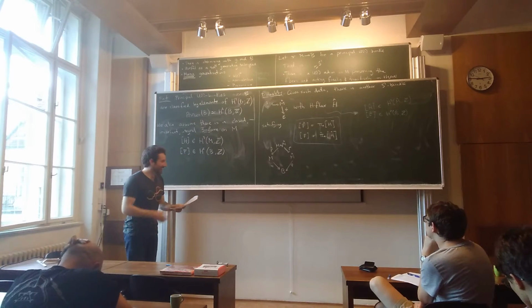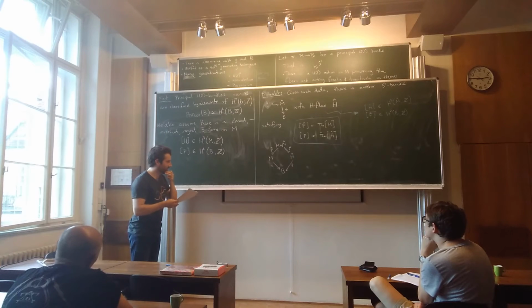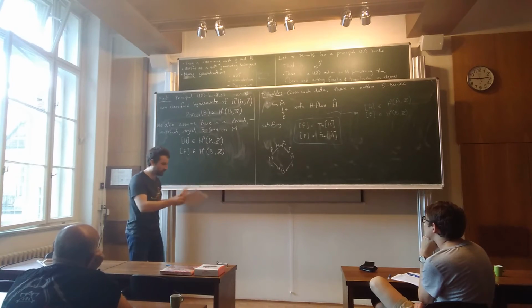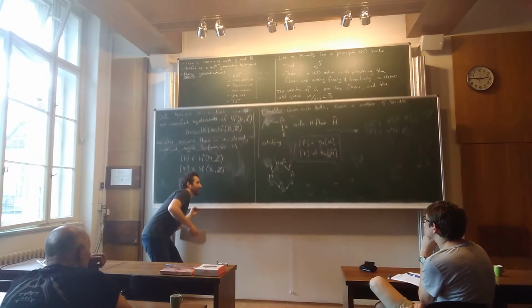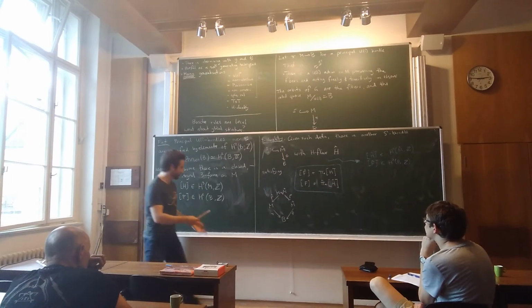Okay, and one thing that I would like to say also is that many objects of interest in the context of T-duality can be phrased as some kind of Fourier transform in the following sense.